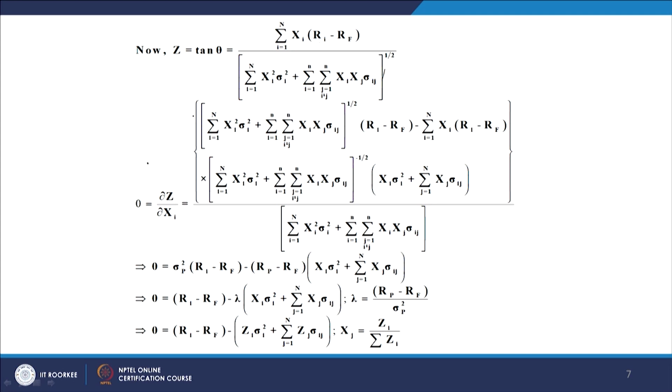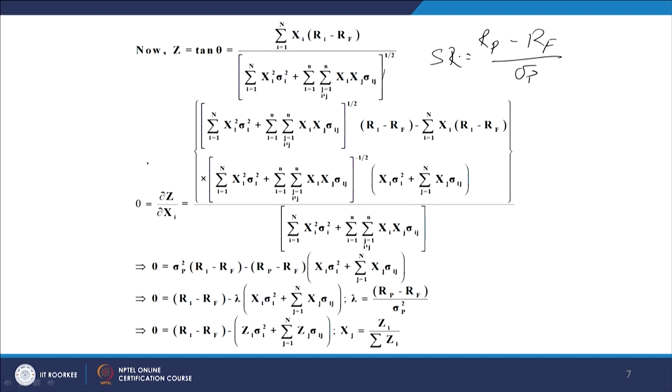So we are maximizing Z, or any name you can put here. Tan theta is equal to Rp minus Rf upon sigma p, and this is nothing but the Sharpe ratio. So we want to maximize this expression.